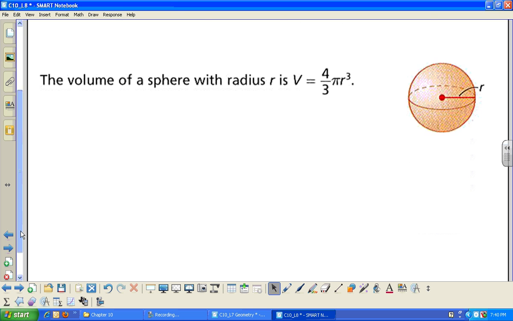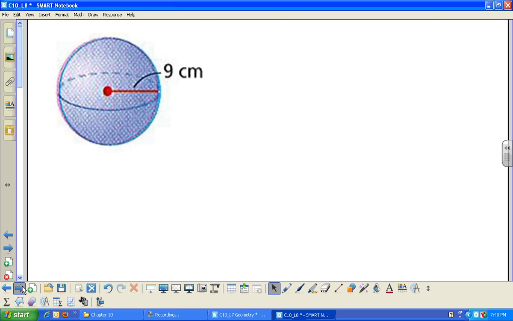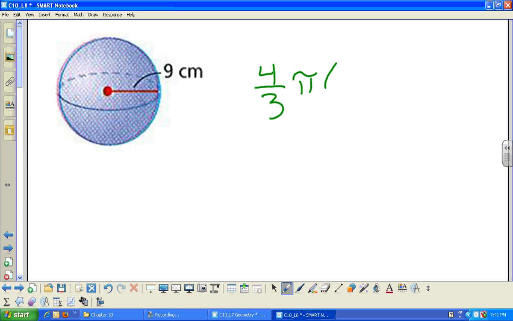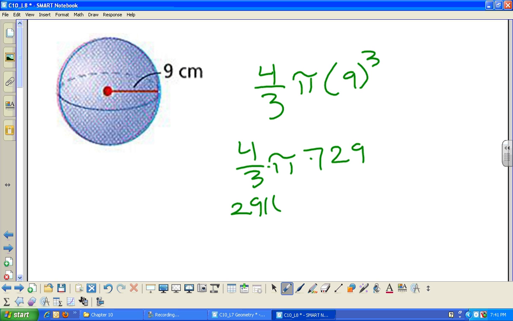So if I'm looking at a sphere with radius 9 centimeters, this would be 4/3 times pi times 9 cubed. 9 cubed is equal to 729. So if I multiply this across, 729 times 4 would be 2,916 pi over 3.